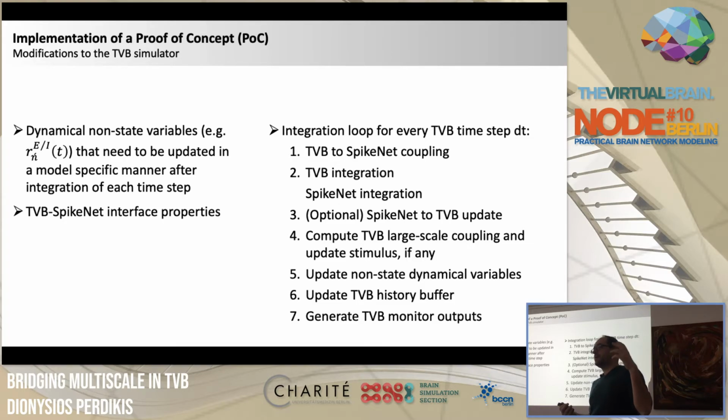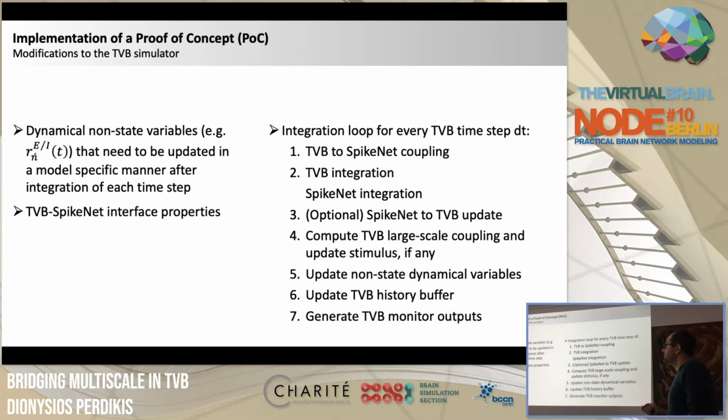Okay? In other words, TVB would keep in its history buffer only those variables that are needed to compute the delayed coupling. Otherwise, it would only compute neuroimaging signals as monitors. You would have to define a monitor in order to record something else. Okay?